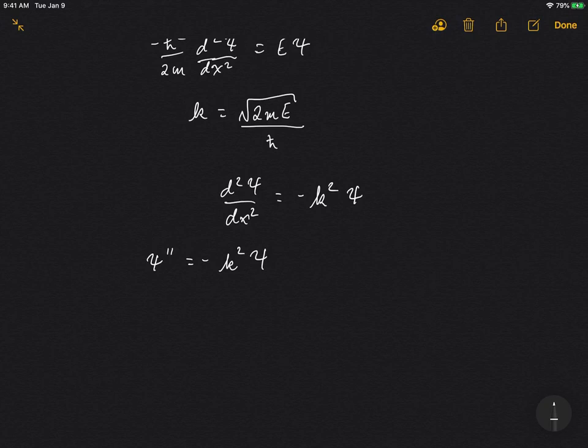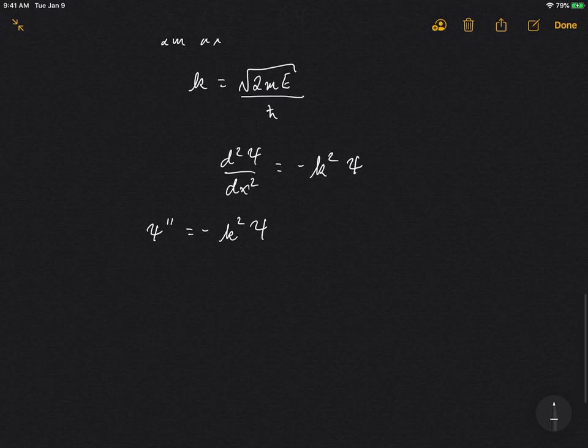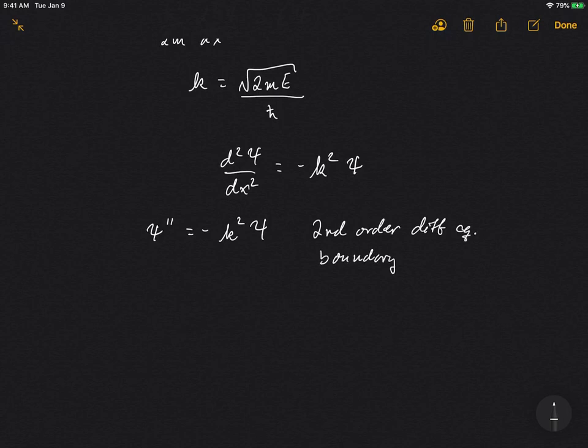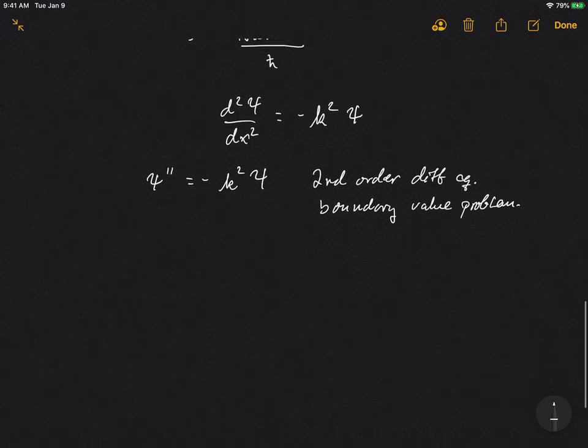So this ends up being a boundary value problem, because we have some restrictions at the edge of the box, which we'll see in a little bit.